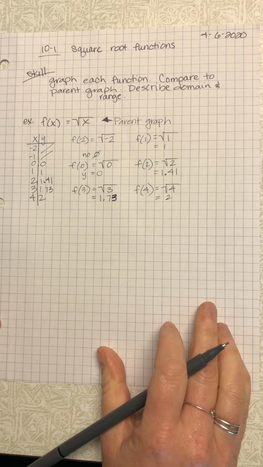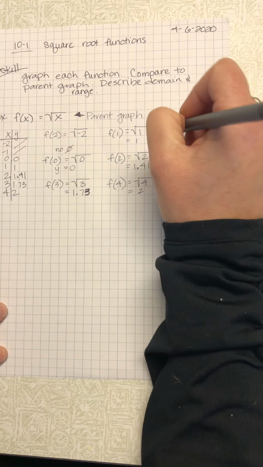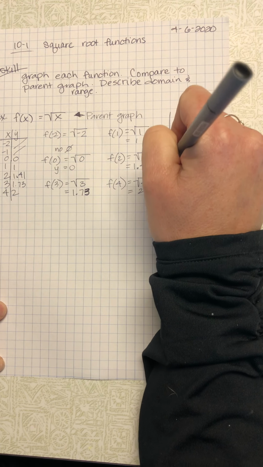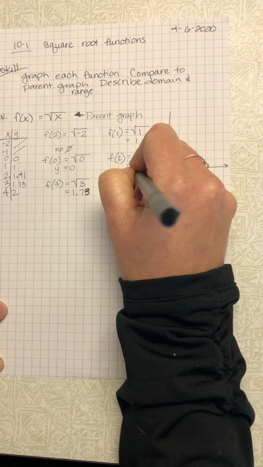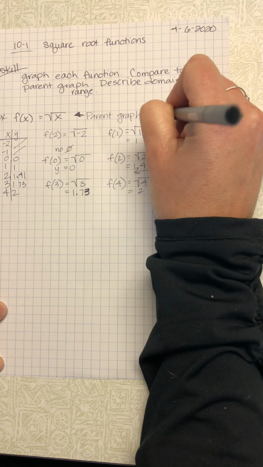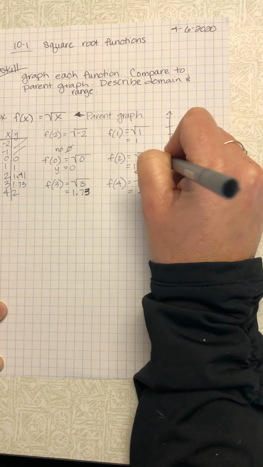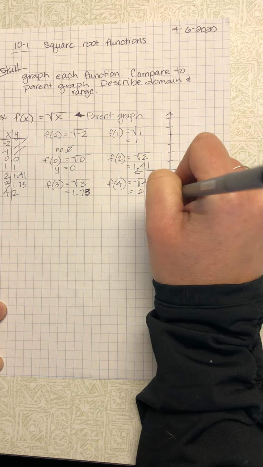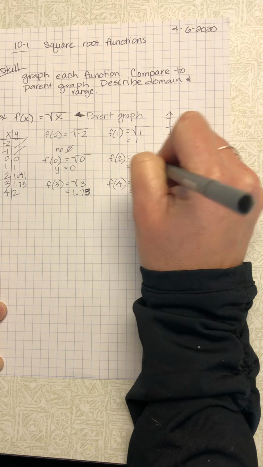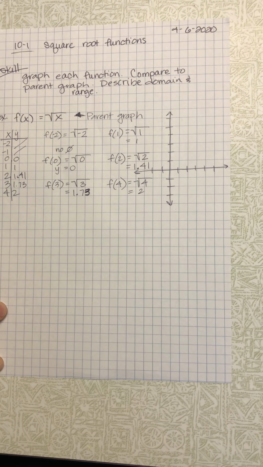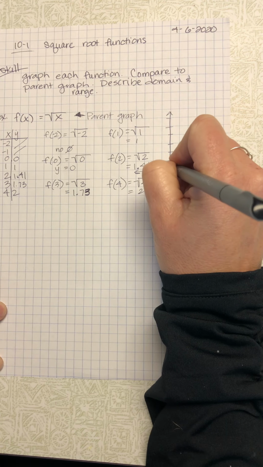Okay, and then we graph. We start at 0, 0.